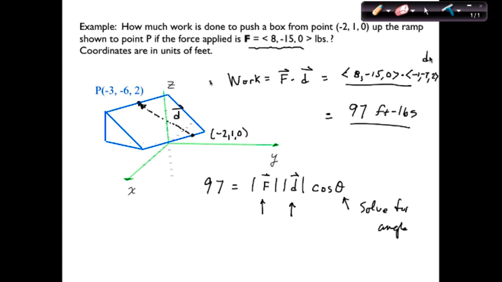So this is D here: -3 minus -2, -6 minus 1, and 2 minus 0 gives me the D vector. And then the force vector was given. So then I'm just computing the dot product by multiplying the components and adding, like you did on the worksheet. Where did I lose you in that? So it's 8 times -1 plus -15 times -7 plus 0 times 2. That's where the 97 came from.